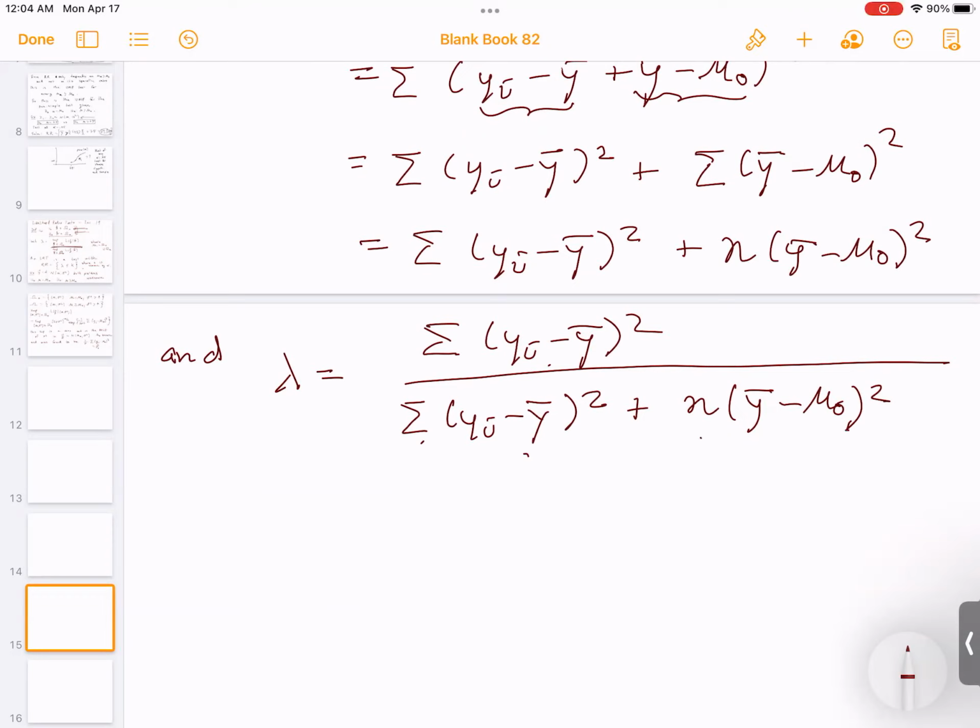You can see this term's positive, and this has to be between 0 and 1. And you've separated it out so that you have a piece that's the numerator down here.